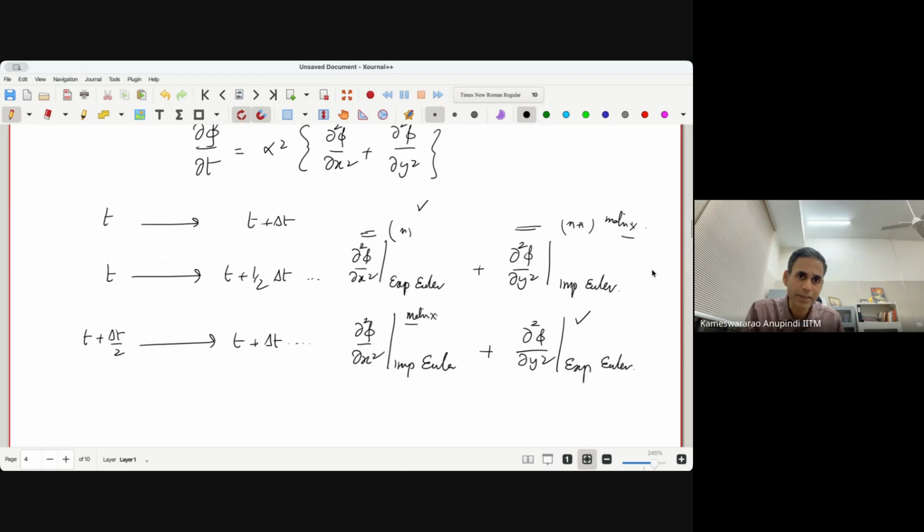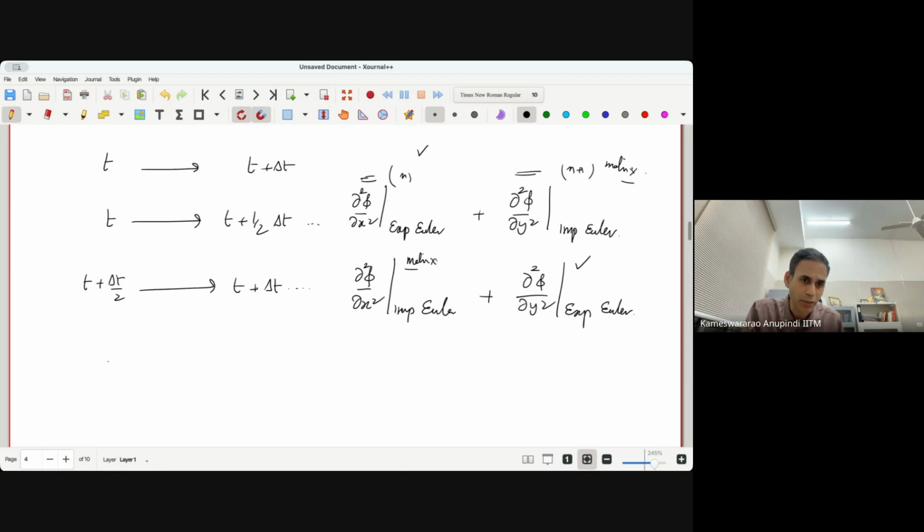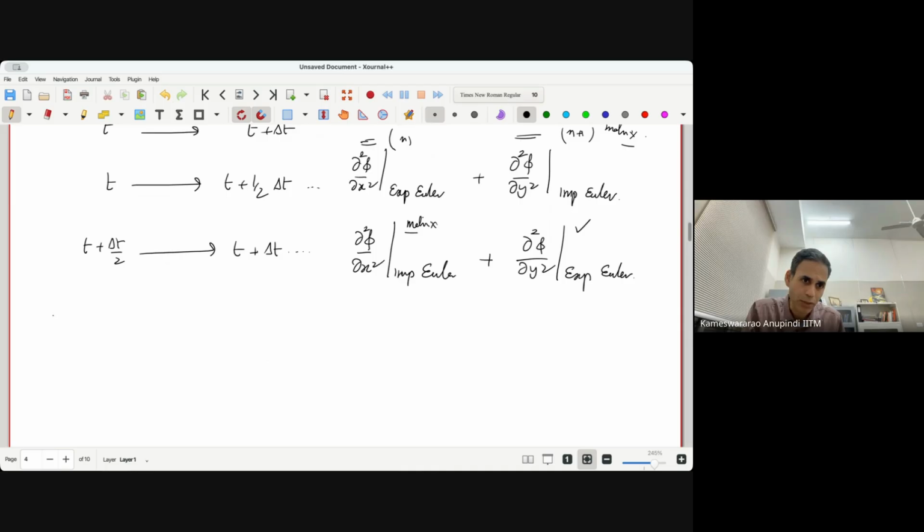Then I'm going to write the discrete equation. The corresponding discrete equation for the parabolic equation is nothing but phi n plus half minus phi n divided by delta t. So we're going in two steps: phi n to phi n plus half to phi n plus 1. So this is going to be alpha, and then we're going to discretize dou square phi by dou x square using explicit Euler.